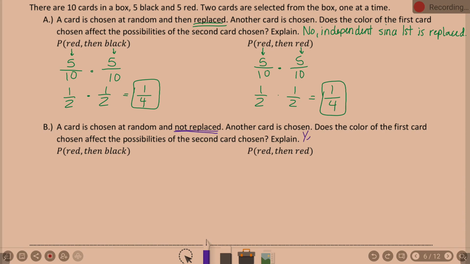It's dependent. Not independent. The first is not replaced. Okay. Let's see how that changes things up here.